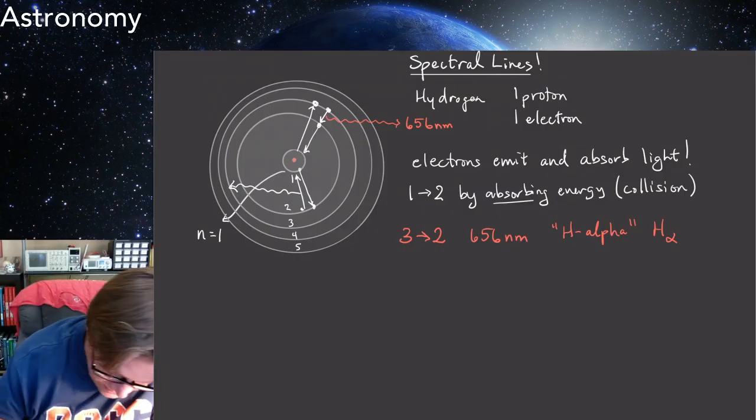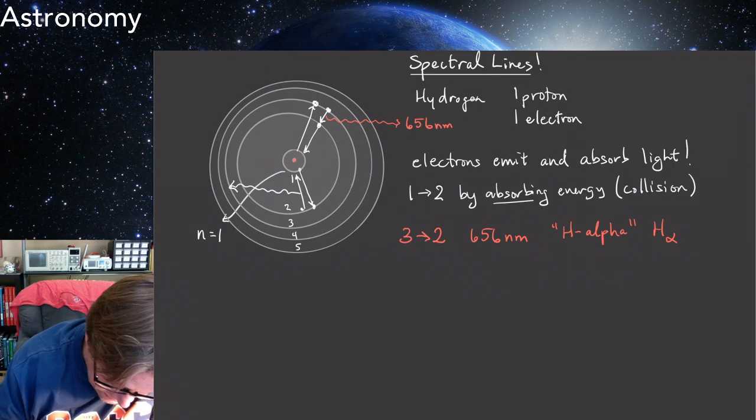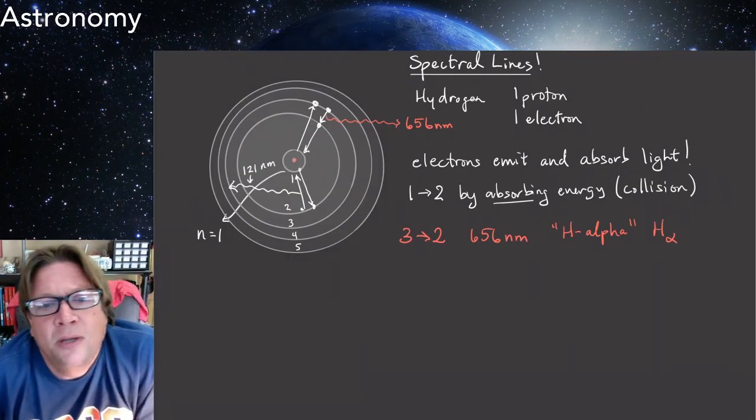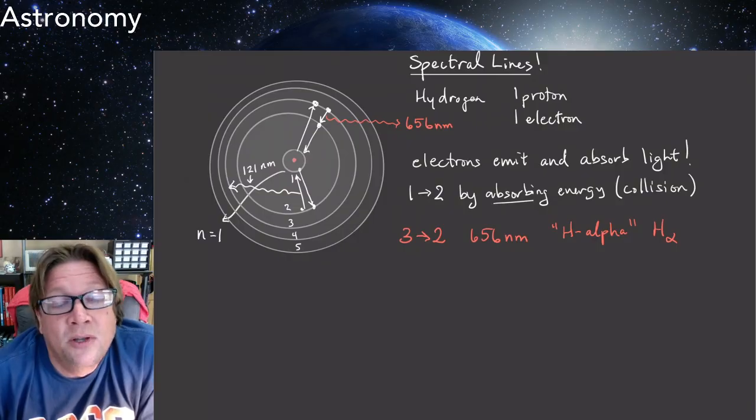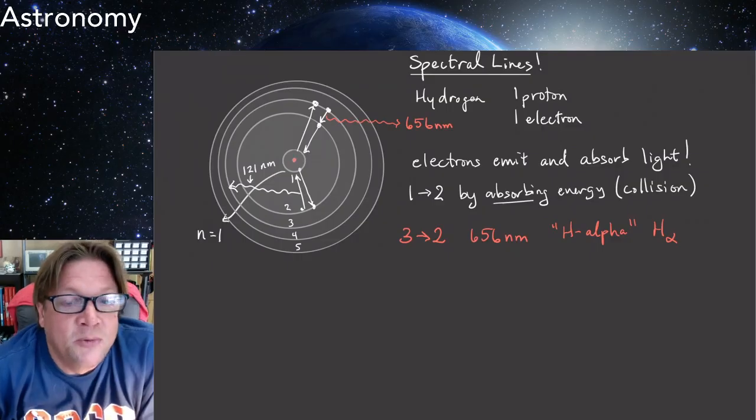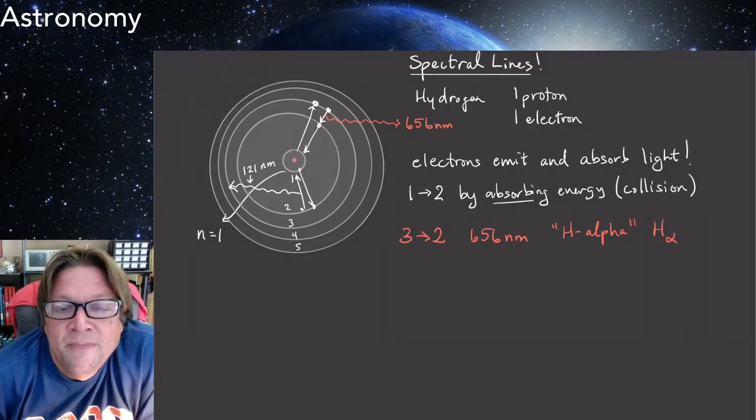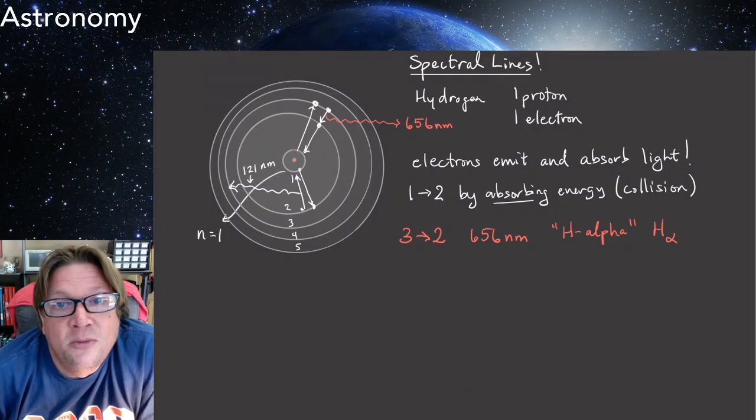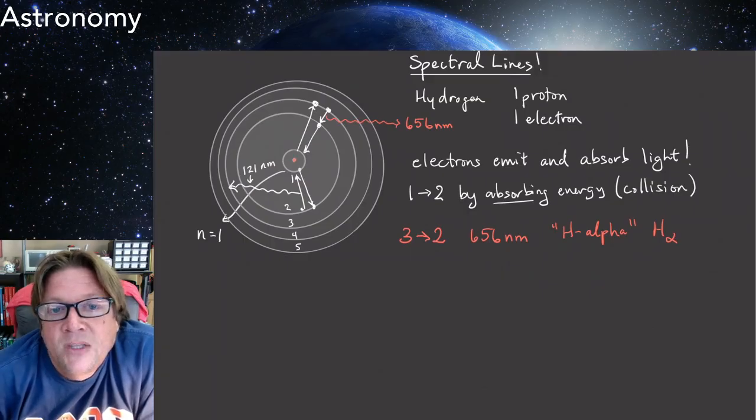And it turns out it's actually in the UV. This is 121, I think that's right. 121 nanometers is the 2 to 1 transition. That's in the ultraviolet, right? Because you have to be 400 nanometers before we can see it as just regular violet. So 2 to 1 is invisible to our eyes. It emits an ultraviolet flash of light.